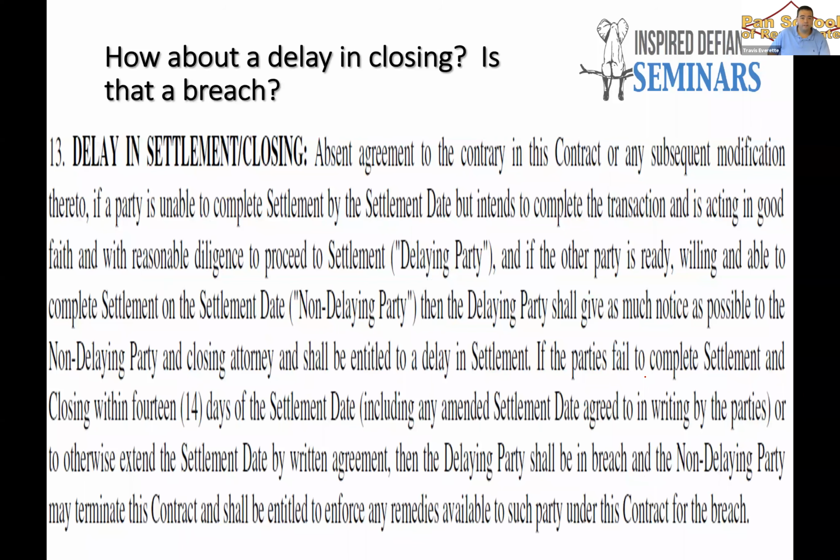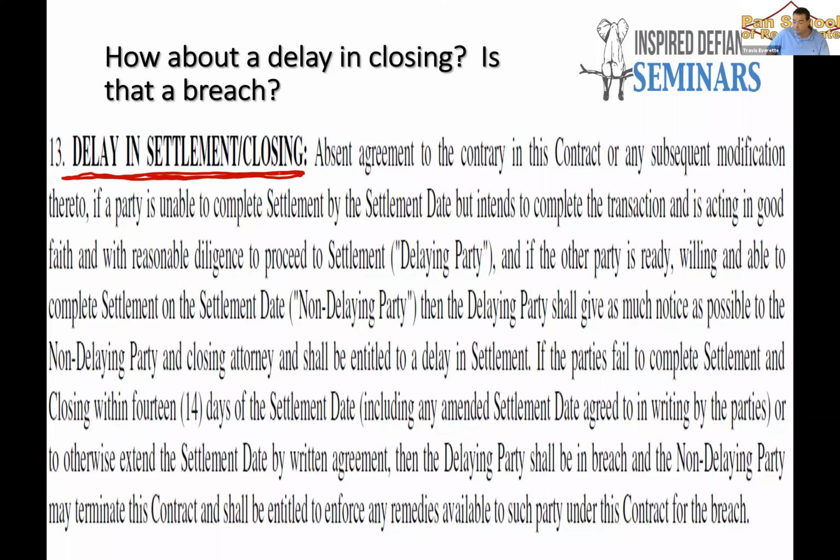There's one thing that's built into this contract that I think a lot of people would normally consider a breach that this contract says specifically is not a breach. Paragraph 13 is labeled delay in settlement or delay in closing. Do you think sometimes there are delays in closing? Yes. Here's what this contract says about a delay in the closing.